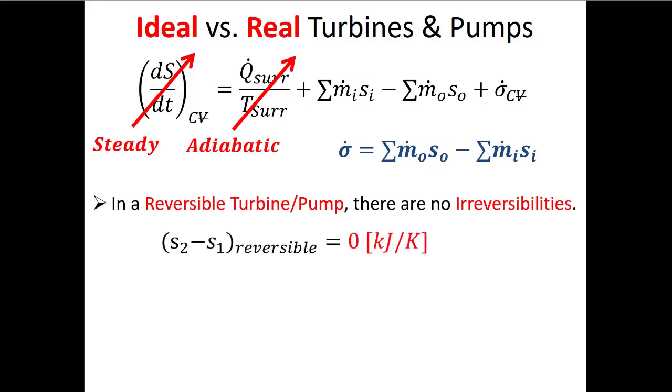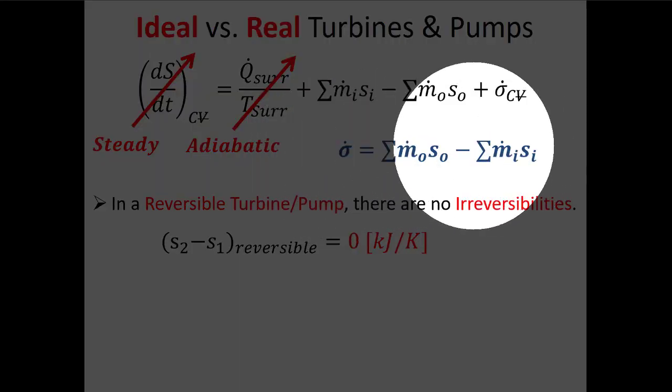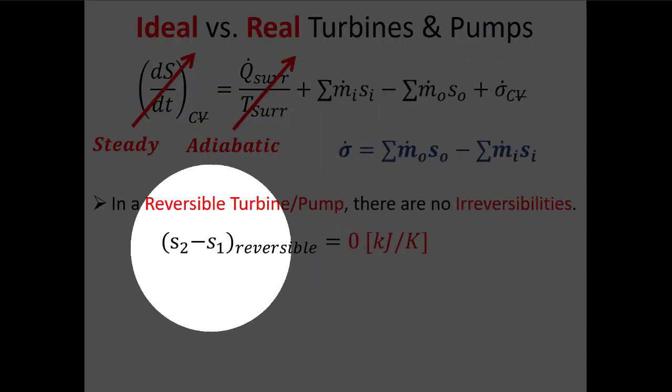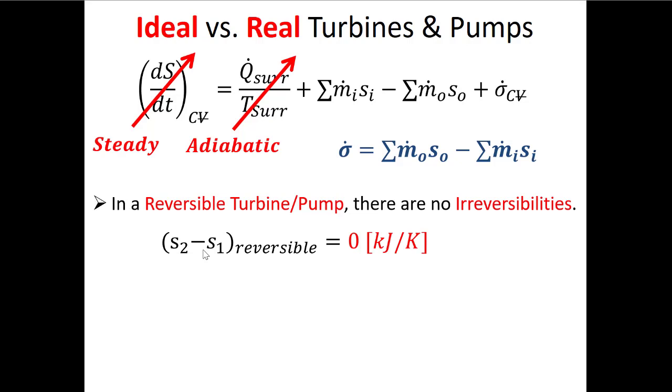And if the pump or the turbine is one inlet and one outlet, and it's at steady state, then the mass flow rate into the turbine or pump is equal to the mass flow rate out of the turbine and pump. So then this equation would tell us that S at the outlet minus S at the inlet of a reversible process, if it's steady state, one inlet, one outlet, and adiabatic, would be zero.